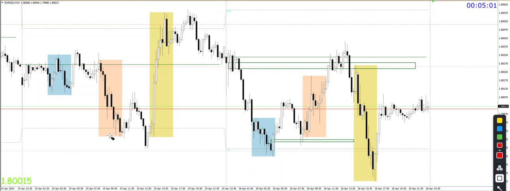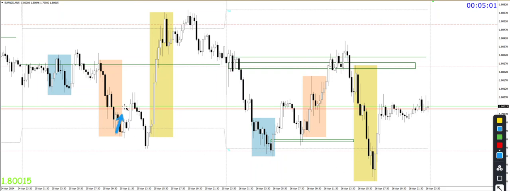What the market's trying to do here at this level, it's enticing buyers to get in because that there is the low of the previous day, okay? Notice that it takes out that low of the previous day very shallow, right? Just a couple of pips below that previous day's low, okay? Then it starts to move up, right?